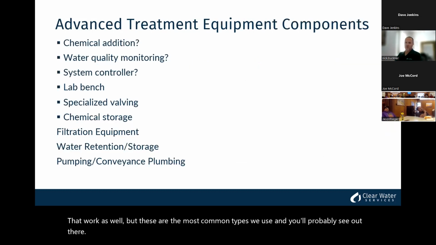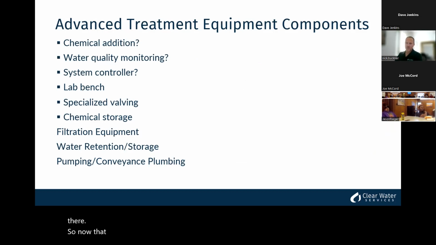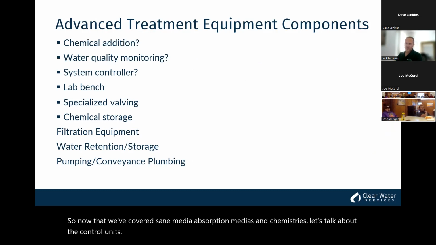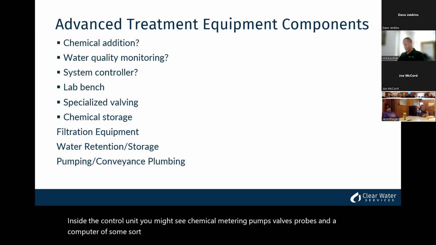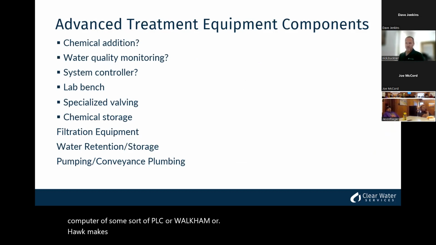So now that we've covered sand media, adsorption media, and chemistries, let's talk about the control units. Inside a control unit, you might see chemical metering pumps, valves, probes, and a computer of some sort, a PLC or a Vulcan or Hawk mainstem.